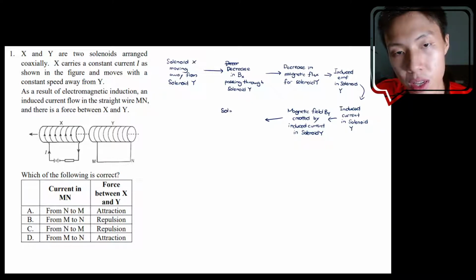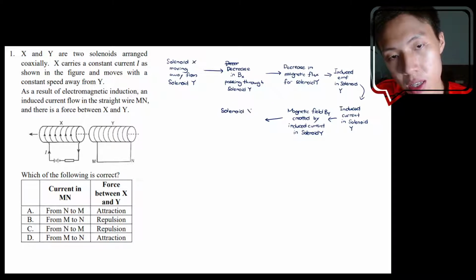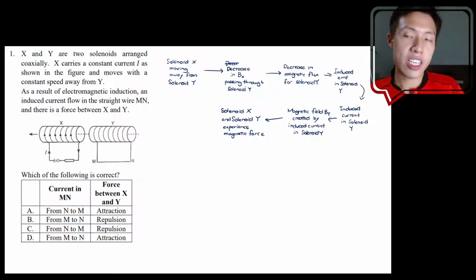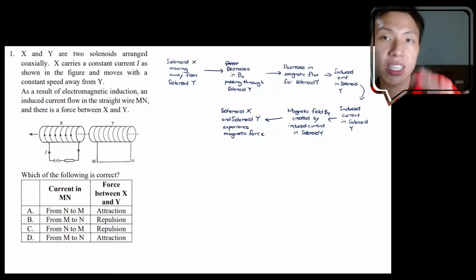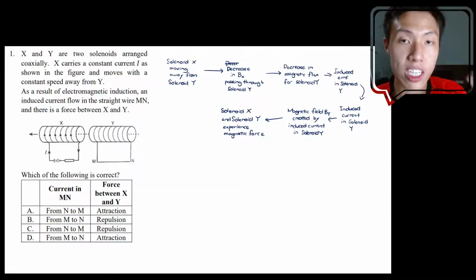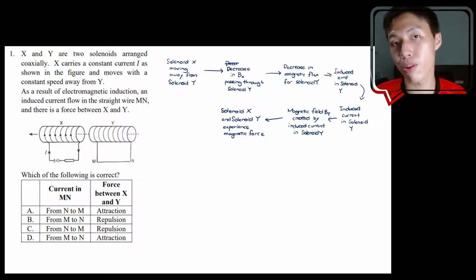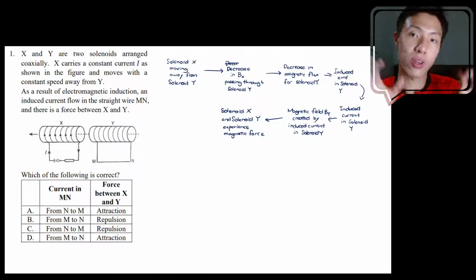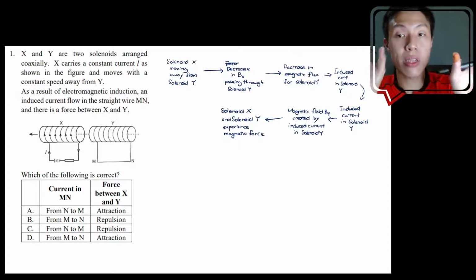Solenoid X experiences a force because it interacts with the magnetic field produced by solenoid Y. Solenoid Y experiences a magnetic force because it interacts with the magnetic field produced by solenoid X. That's why both of them experience a force, and we need to determine whether it's an attraction force or a repulsion force.